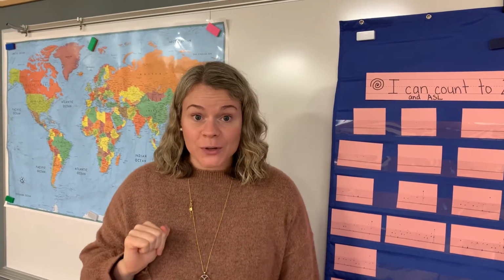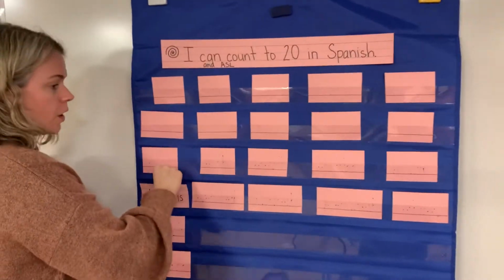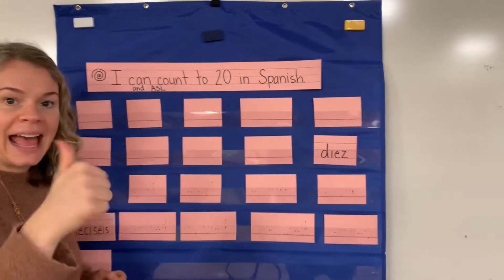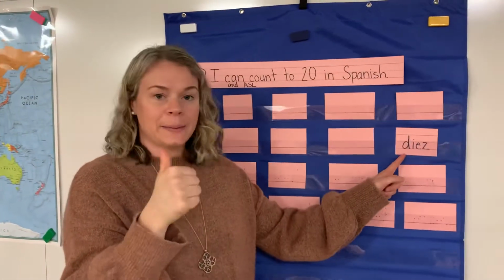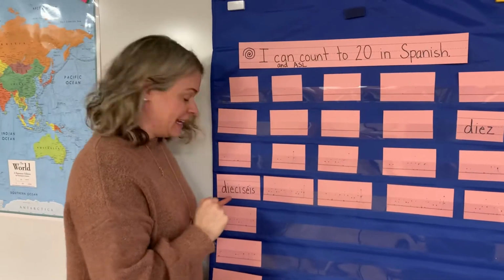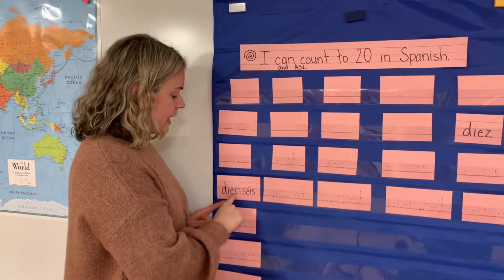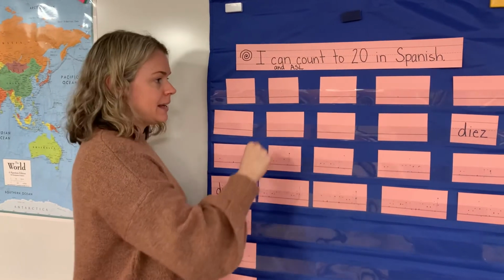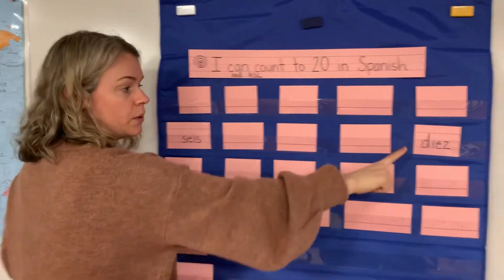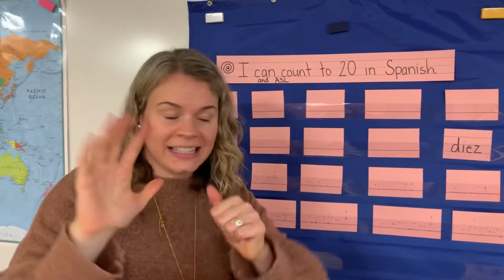Now let's add those in Spanish. Okay, so we know that 10 means 10. So when I want to do 16, I say 10 y 6. 10 and 6. Because 6 is 6. So 10 y 6 is 10 and 6 together.